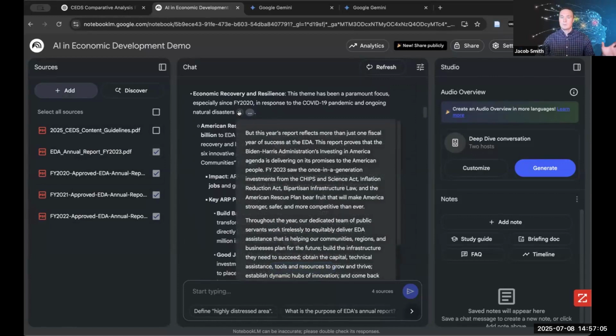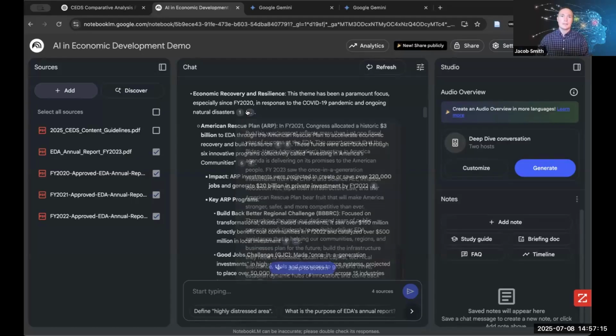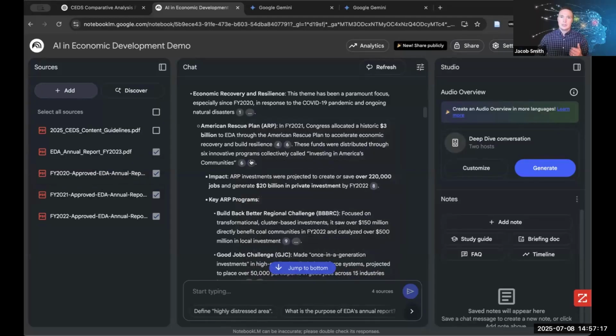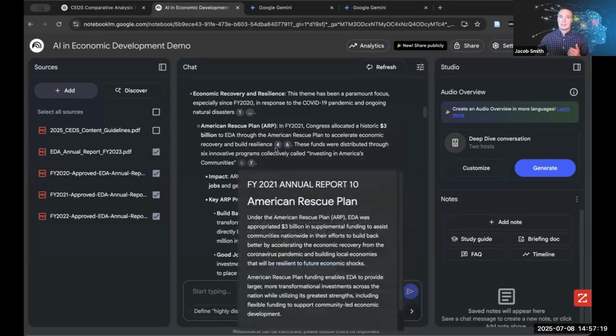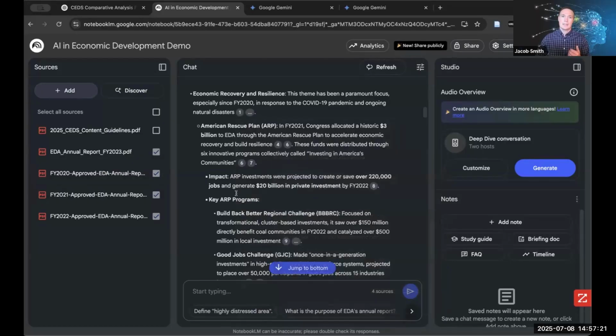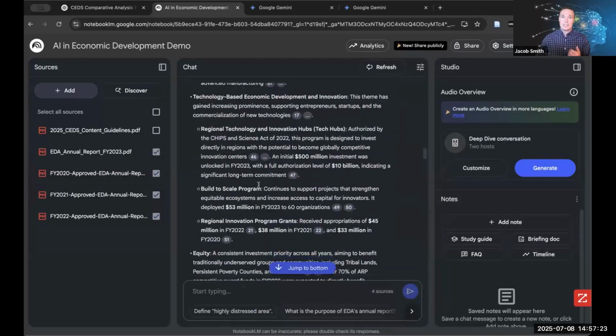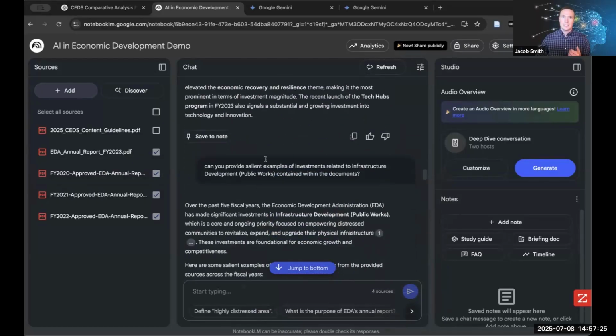So to the point Mike was making earlier about these things hallucinating, one of the mitigation methods is providing relevant context as part of your use of the model. When you upload these documents, you'll get specific text from the document that was retrieved. You can see the response to that first question was pretty robust.